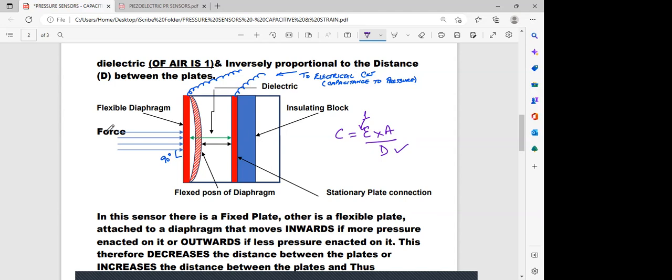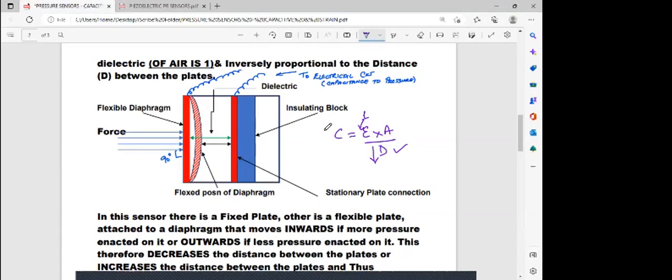Now, because of the force acting on this flexible plate and pushing it inwards, that distance from the green has become this black double arrow. Notice the difference. The distance has changed from this distance to this distance. In other words, distance has decreased. When distance has decreased, obviously the capacitance is going to increase.